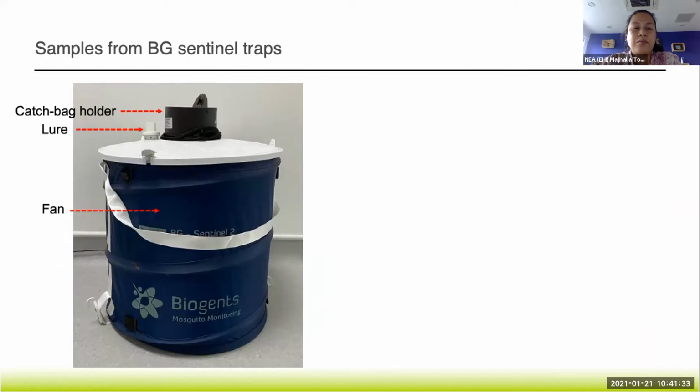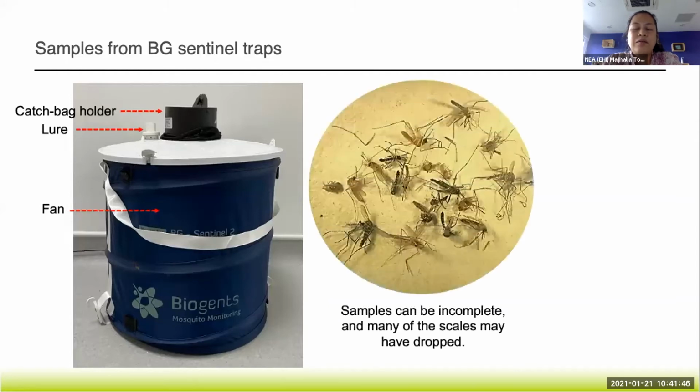From here, the mosquito will fly in, and then it will be sucked by the fan below. But if you leave the catch bag in the trap for too long, then some samples can be too dry, and most of the legs can fall off, and most of the scales will really drop off.